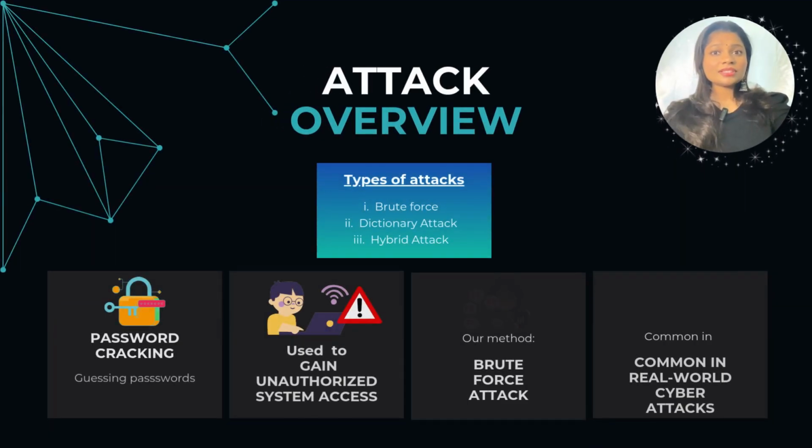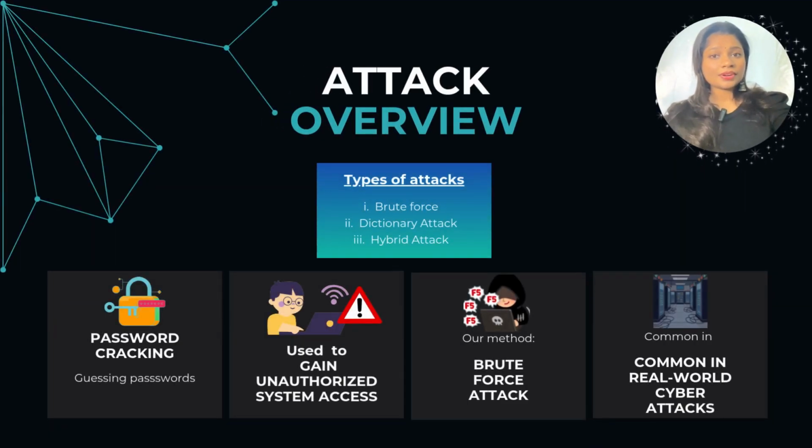There are several types of password attacks. The first is the brute force attack, where the attacker tries every possible combination of characters. This method is very slow, but it eventually succeeds. Next is the dictionary attack, where the attacker uses a list of common passwords to guess the correct one.